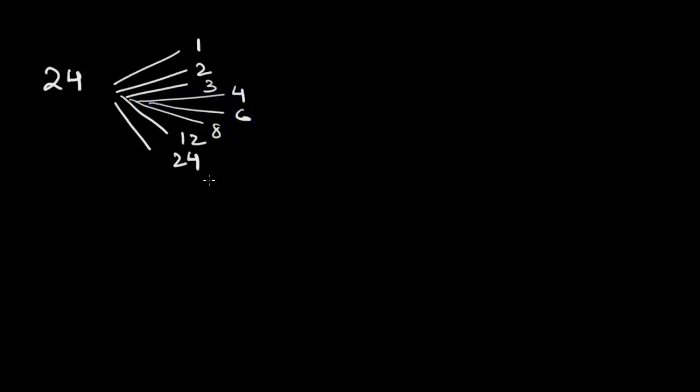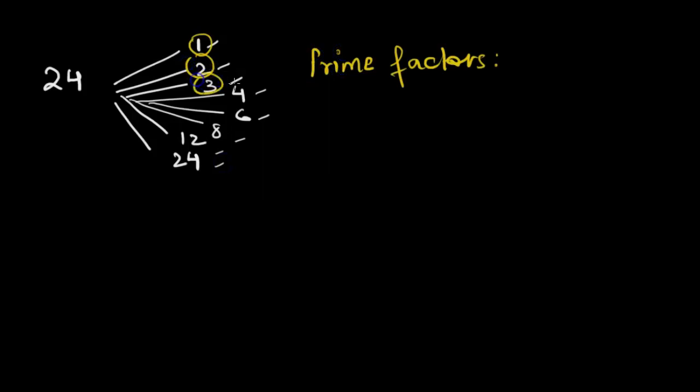So these are all the factors of 24: 1, 2, 3, 4, 6, 8, 12, 24. Out of these, 4, 6, 8, 12, 24 are all even numbers, so none of these will be prime factors. The only prime even number is 2. So the prime factors are 1, 2, and 3 for 24.